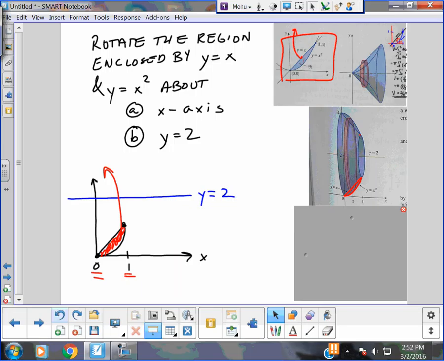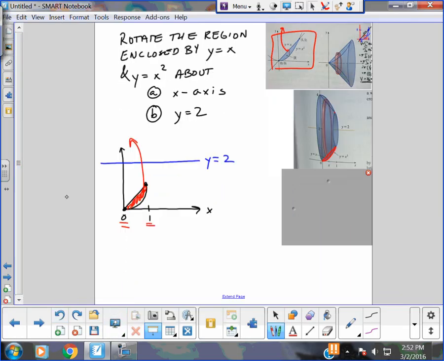You guys agree it's a washer. When we look at the cross-sectional area, this problem is going to have a washer cross-sectional area. So our AX, our cross-sectional area, is RO, which goes to the x squared function, but it's not x squared, and RI.